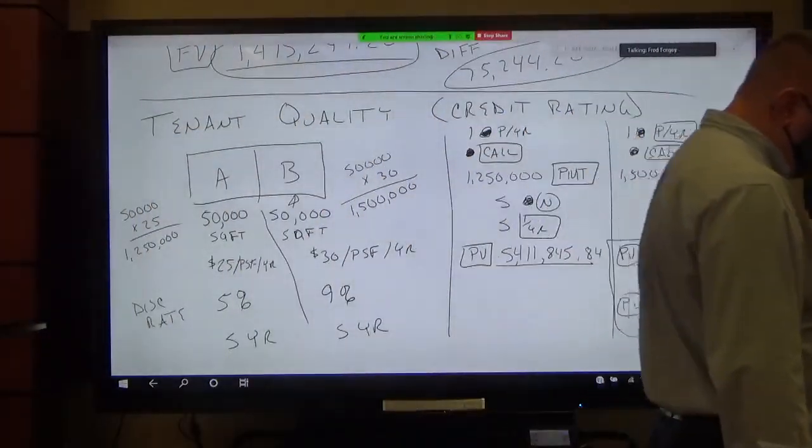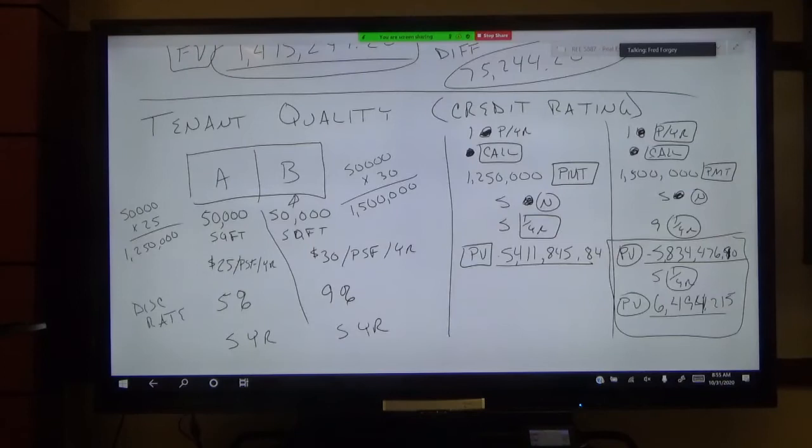Speaking as someone who owns and has owned a fair number of properties that I would consider Class C properties, one of the reasons I chose to compete in that space is, number one, there wasn't as much competition. Number two, for the price that you pay relative to the income that you receive, it's a much higher rate of return.